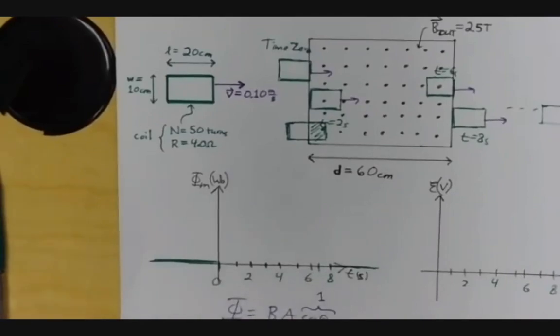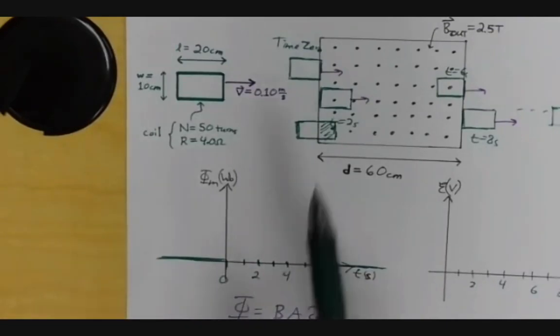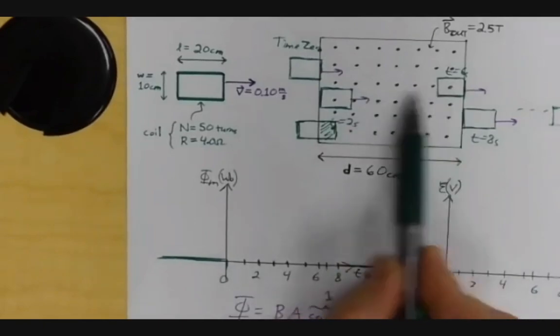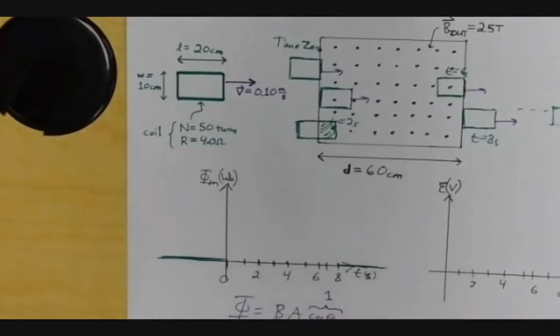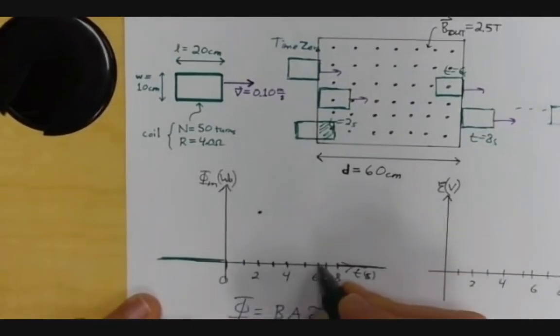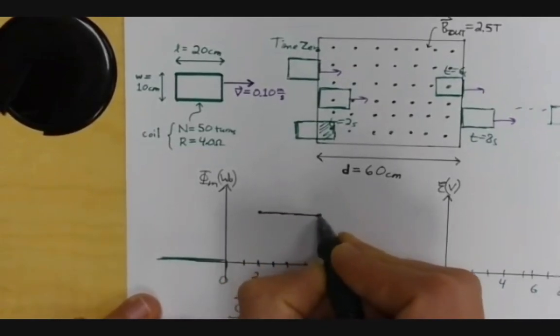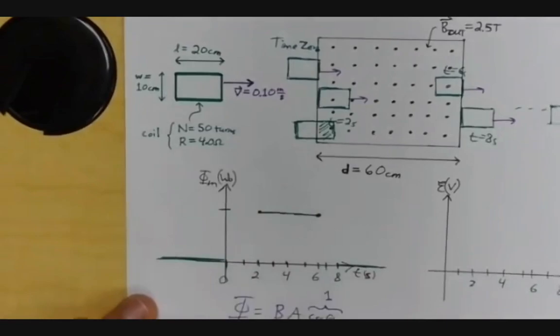So what's going to be true about the flux from 2 seconds to 8 seconds? What's going to be true about the flux from this moment to this moment? It's going to be some large but steady amount. We'd like to find that number, but whatever it is at 2 seconds, it's going to be the same from 2 to 6 seconds. What is the max flux going to be? Well, that'll be the full area of the loop times the magnetic field.